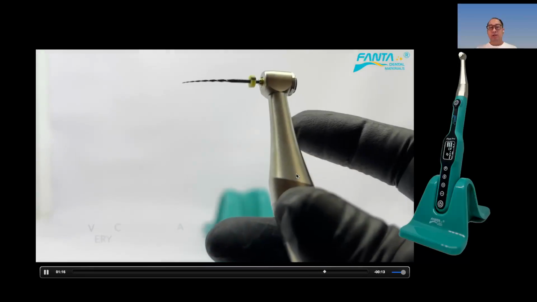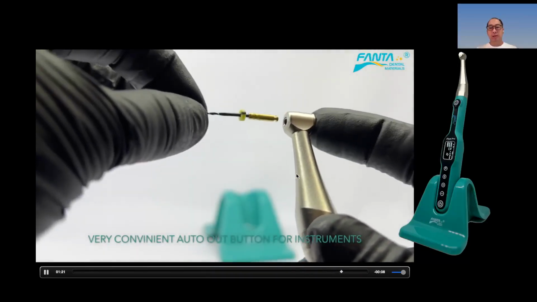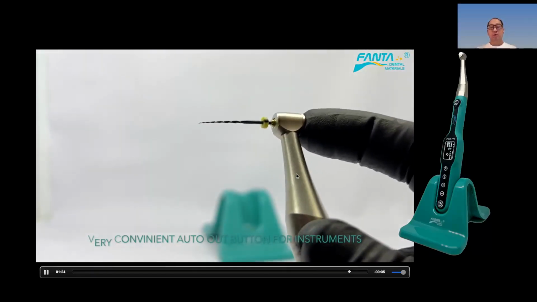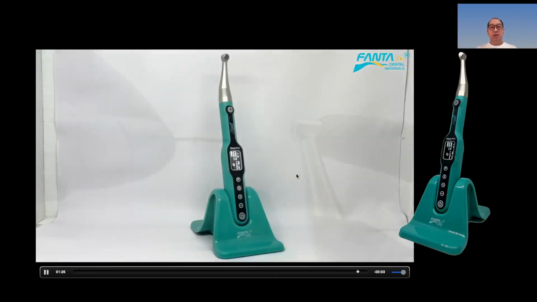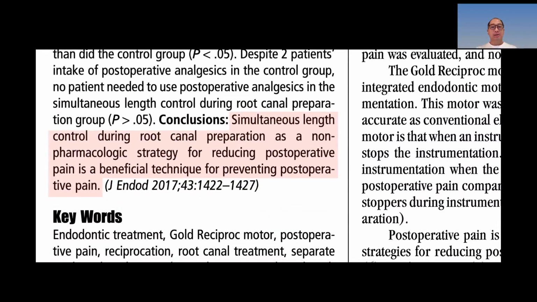Also, this iRoot Pro can be connected to the apex locator, so you can shape your canal while you attach the apex locator, and you know exactly where to stop. This is important because a study in the Journal of Endodontics in 2017 showed that simultaneous length control during root canal preparation is one of the non-pharmacologic strategies in reducing post-operative pain, because it also reduces the risk of debris extrusion.